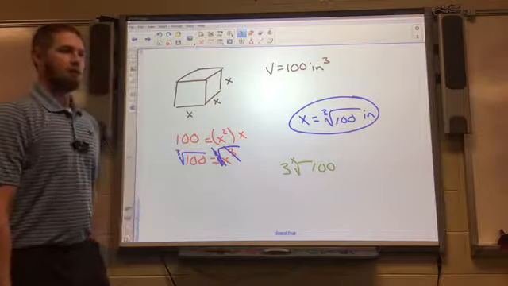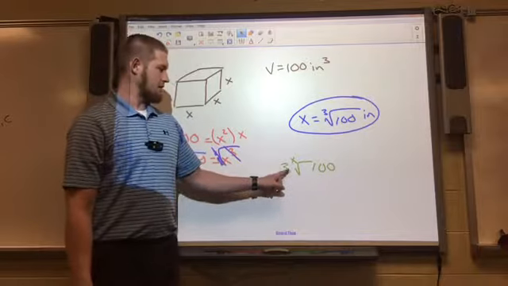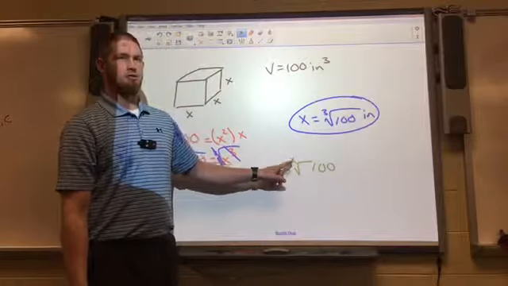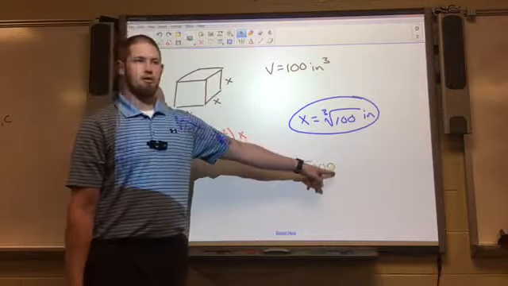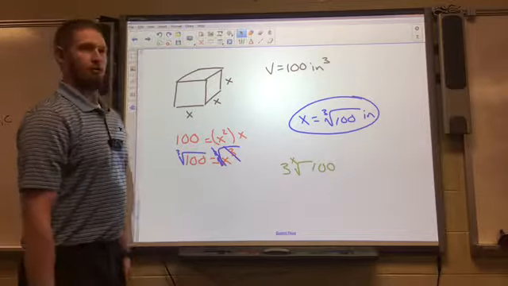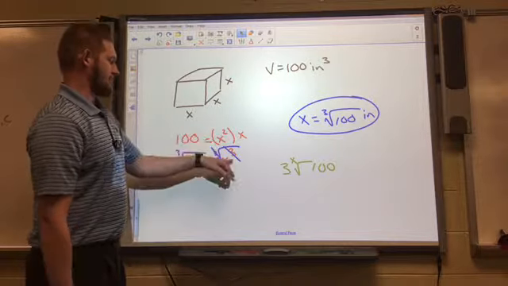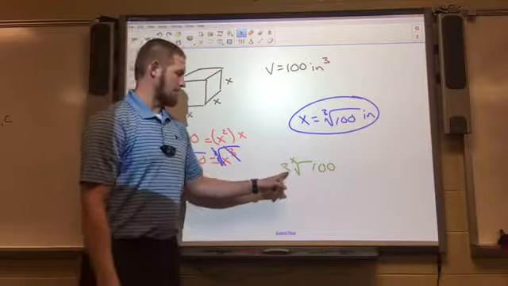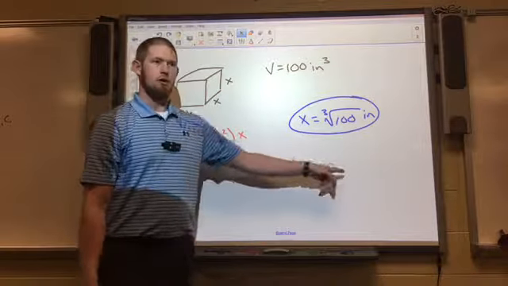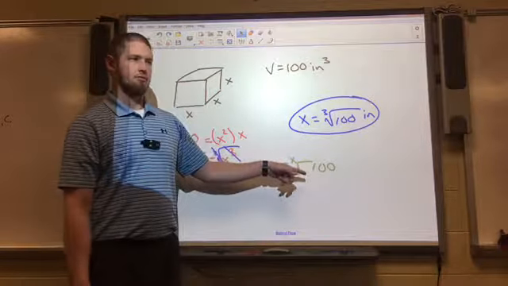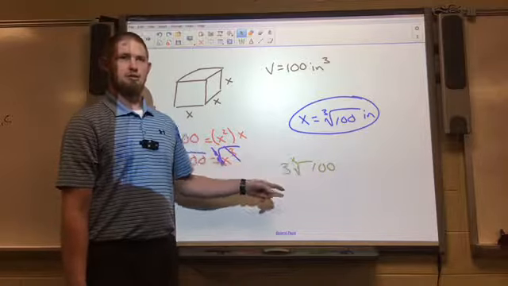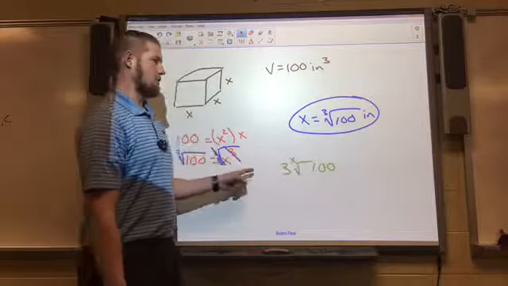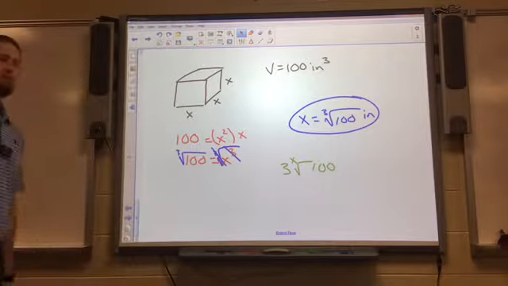What that's doing is it's taking this 3 and putting it on this radical. So this would be like the cube root of 100. You could do any radical with that. If you'd have had x to the 9th equals 100, you could put 9 x root 100 and you could find the 9th root. Does that make sense? So you can do any radical. Now, what do you get when you plug that in?